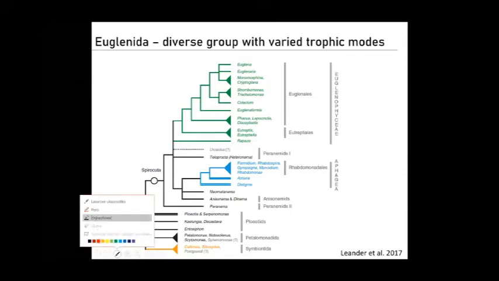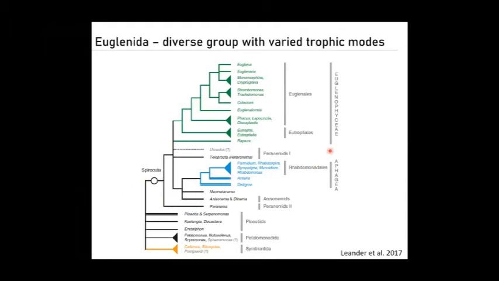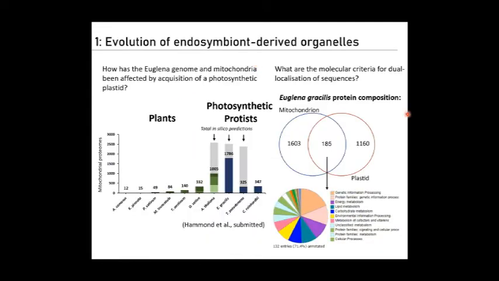One of the points that we will be highlighting today is the importance of expanding our focus beyond this group to other representatives in our search for an easily resolvable genome. But we will start with our model organism Euglena gracilis and the evolutionary information that we can gain outside of a well-resolved genome.